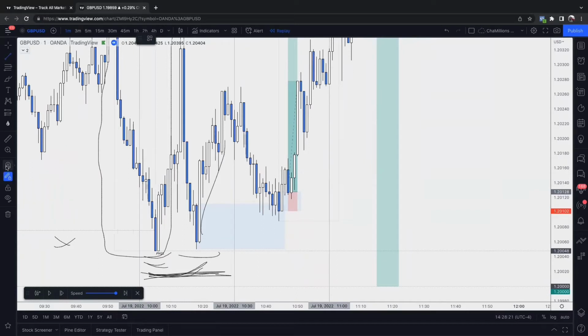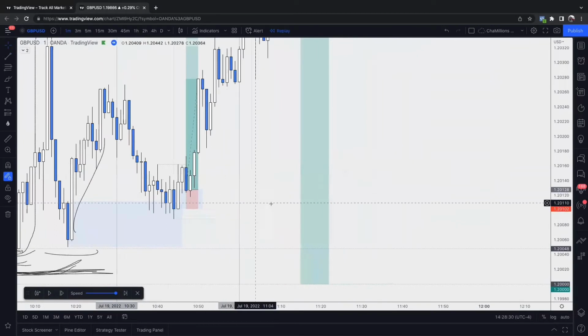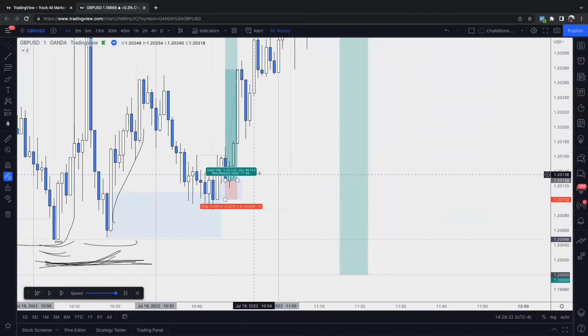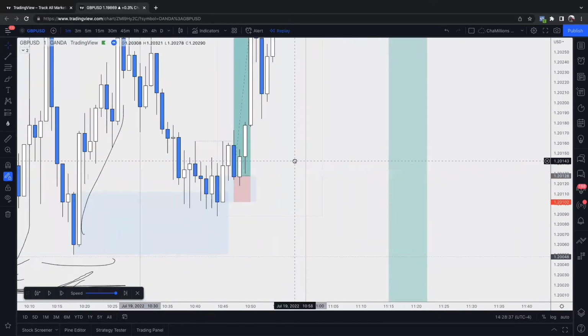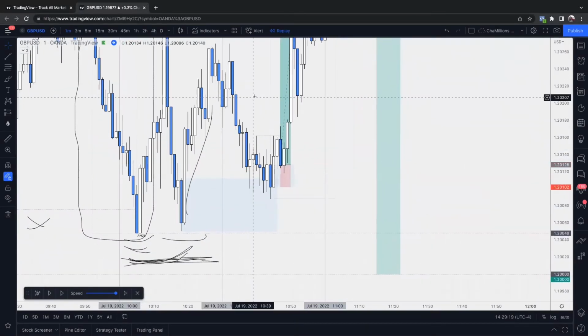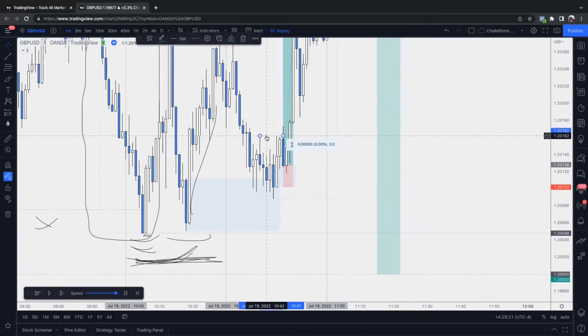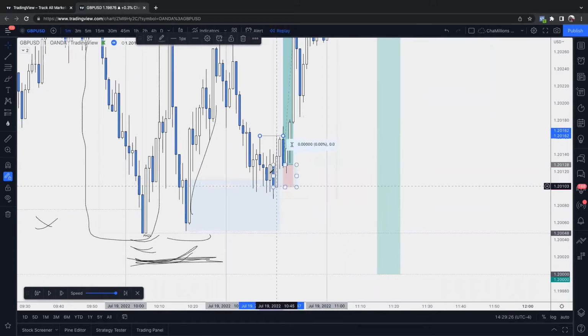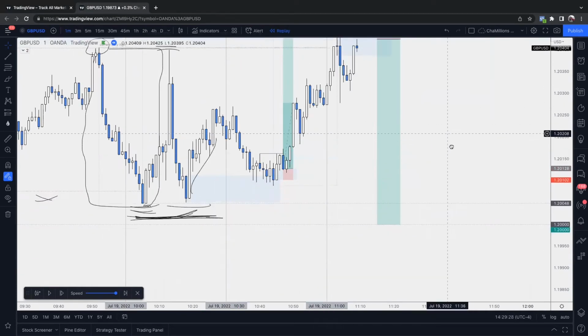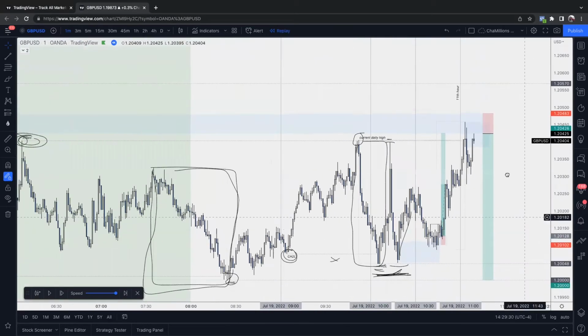You could acknowledge how you could have some form of a breaker structure here, and the continuation off here, right? Nonetheless, that could be your breaker structure as a form of optimism, and then from there you could buy off here to really maximize RR.